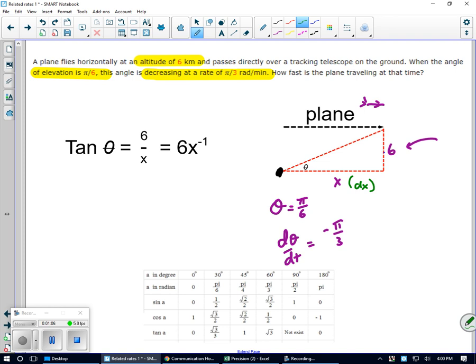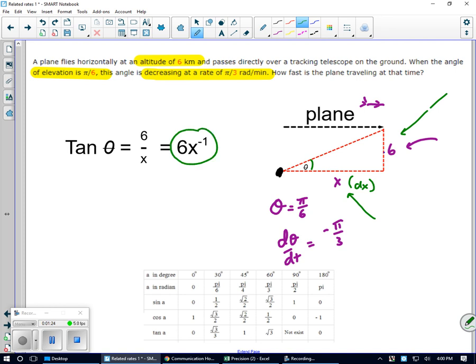Now we know from our basic trigonometry identity that the tangent of this angle is going to be 6 over x, which I can write as 6x to the negative 1, either way.